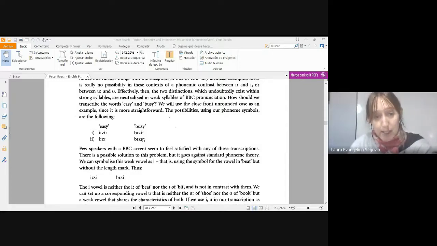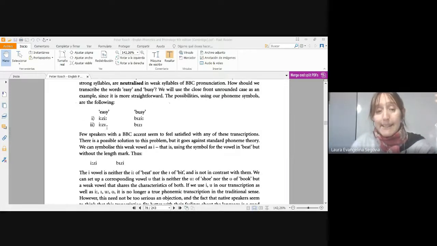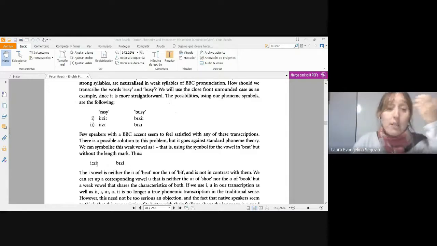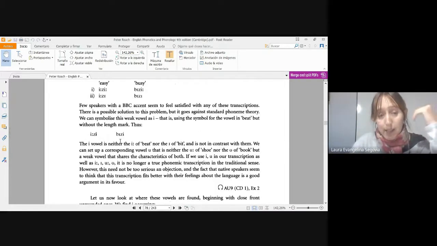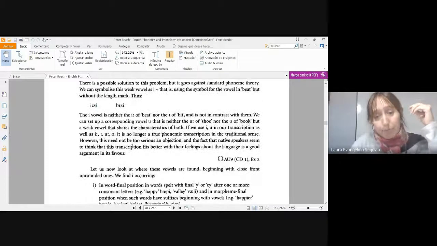What you need is to have one that is neutral. So that's why we say easy, busy. So you see how the neutrality is shown. There is something in the middle. It's not so short. It's not so long. It's something in the middle, and that's the neutrality. Okay? So that's the idea.